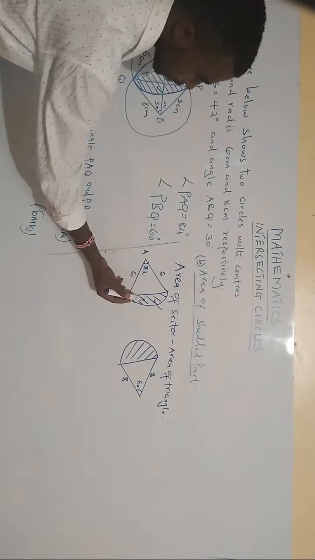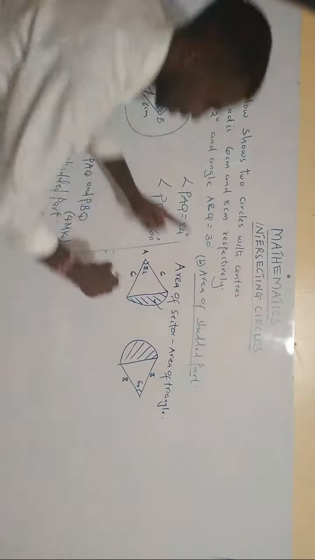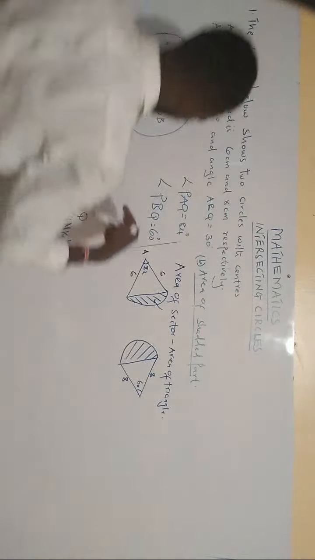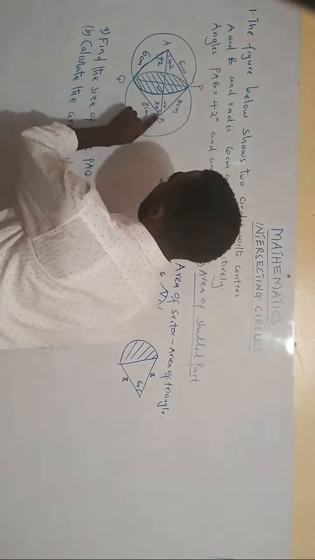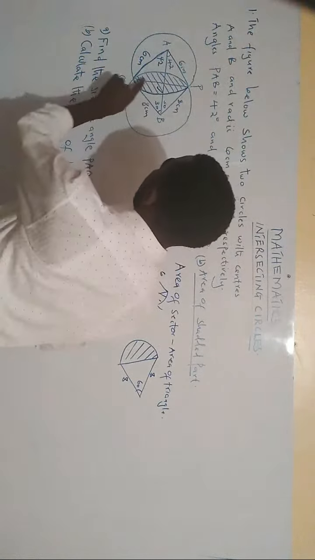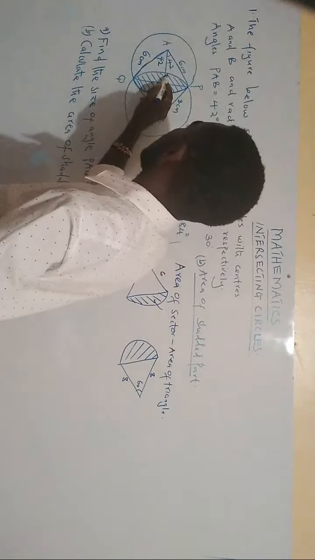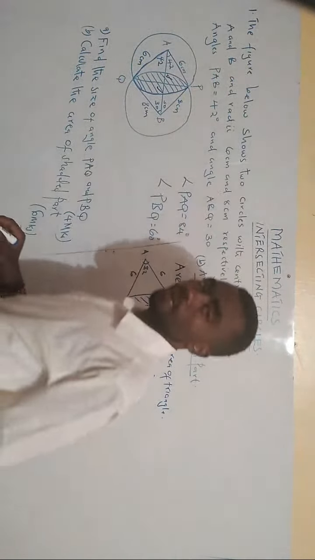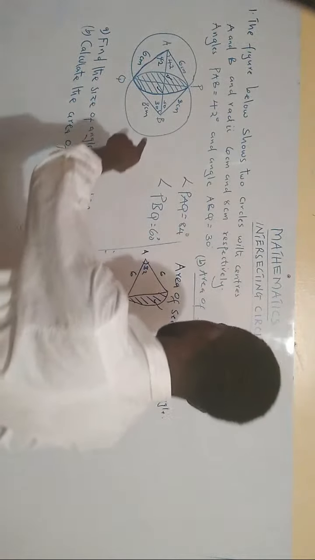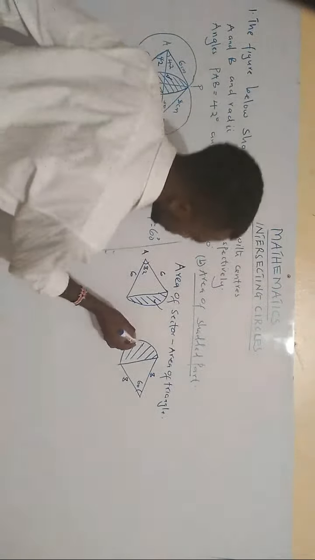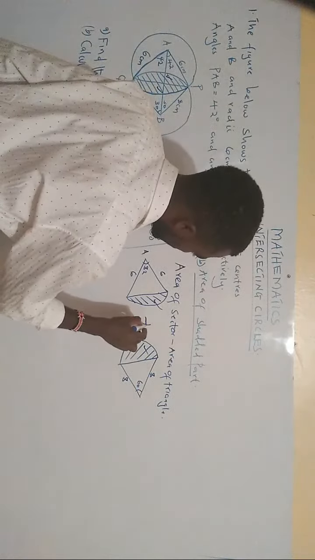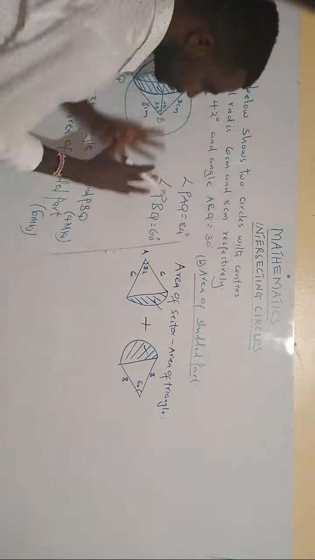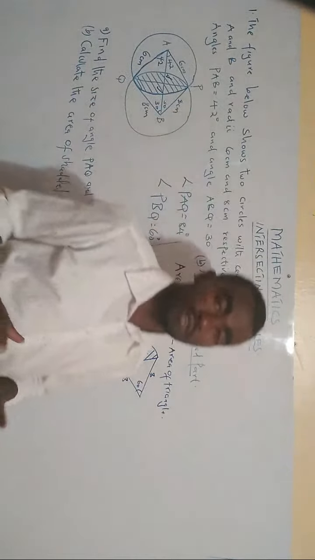So we go to the other side now: the area of this sector minus the area of this triangle gives the area of this other segment. Then you add the areas of the two segments, and in that case you have calculated the area of the shaded part. So that's how we approach these questions.